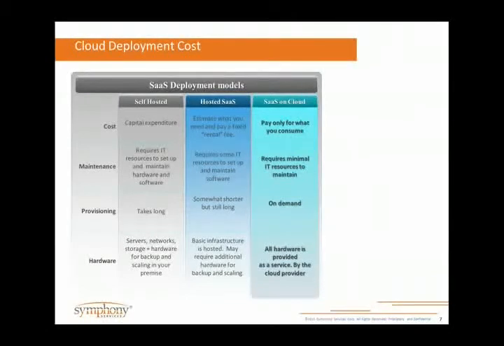Provisioning is very, very short. It's almost on demand. And then hardware: it's our own hardware, and in the case of hosted SaaS, the basic infrastructure is hosted, but may or may not be. It all depends. The backup, scaling, recovery, all these things we may still have to take care of ourselves. Now here, the entire thing is provided by the service provider.